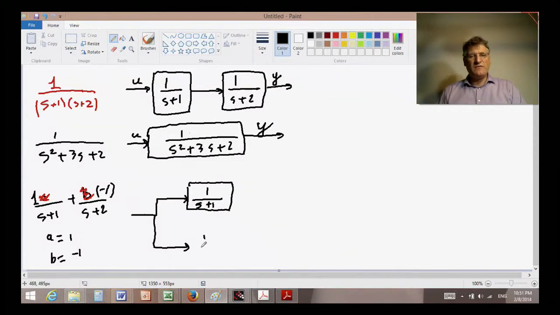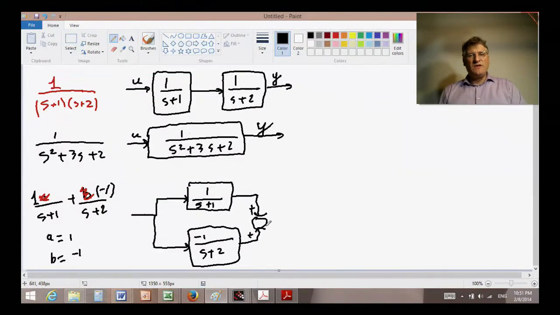The other would be minus 1 over s plus 2. And the two outputs merge to produce y. Okay? They merge by summing up. So the output is y, the input is u.